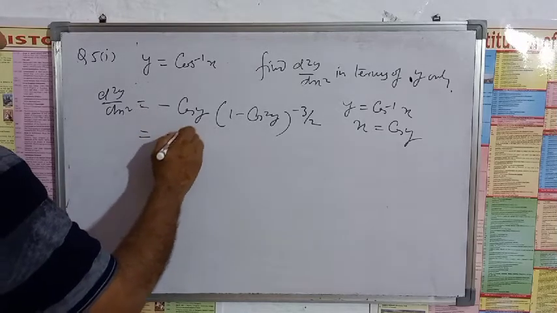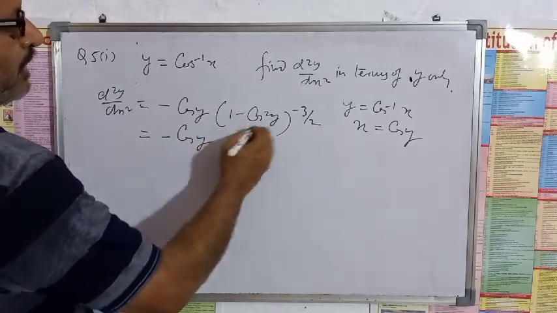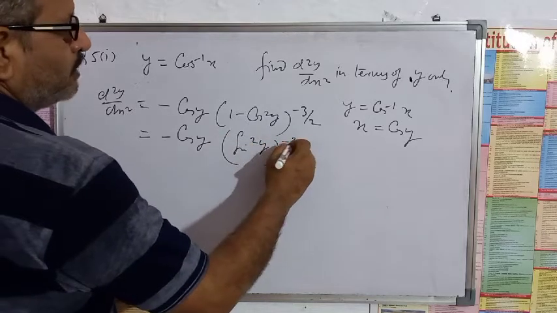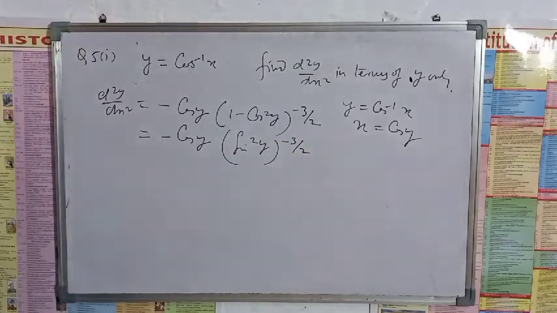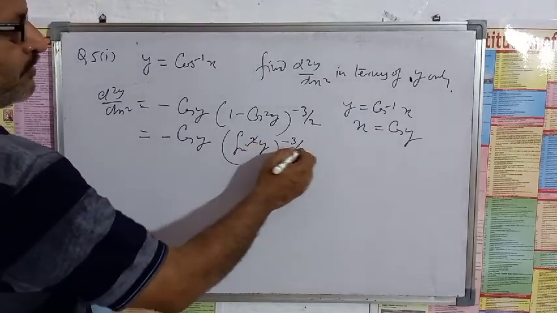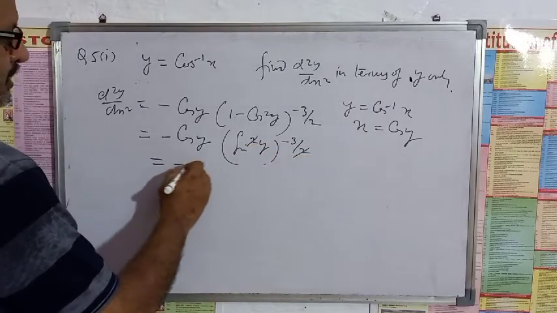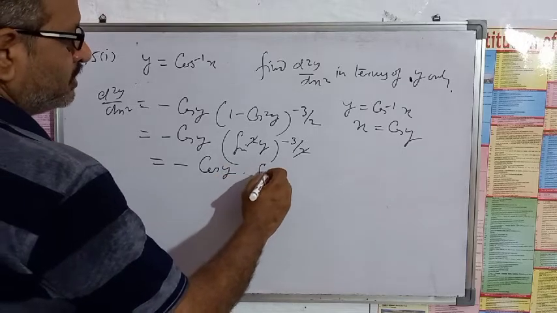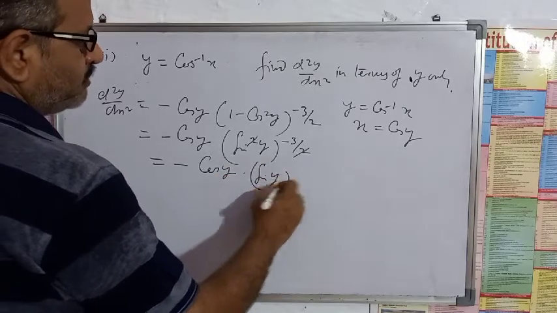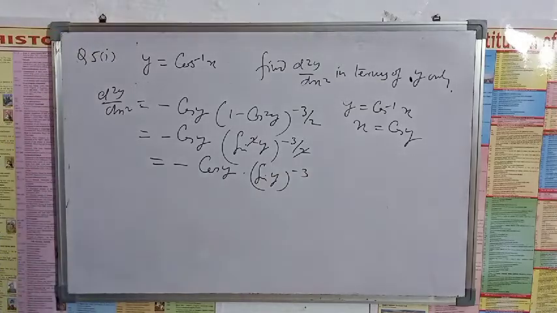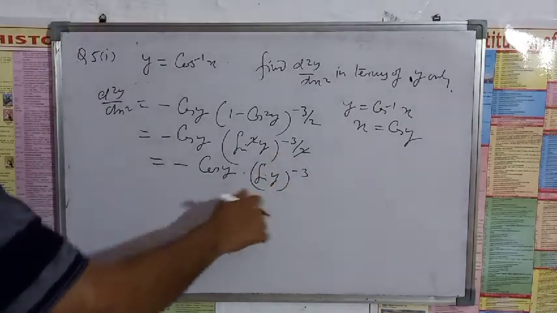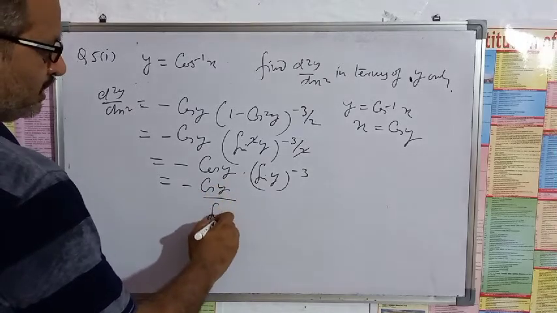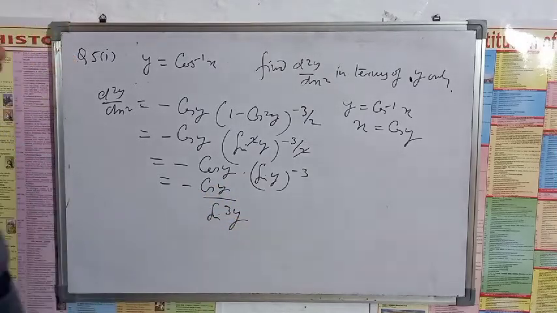Simplify it: minus cos y, 1 minus cos square y is sin square y, to the power minus 3 by 2. The power we can cancel. So minus cos y into sin y to the power minus 3. Take it downside. So minus cos y upon sin cube y.